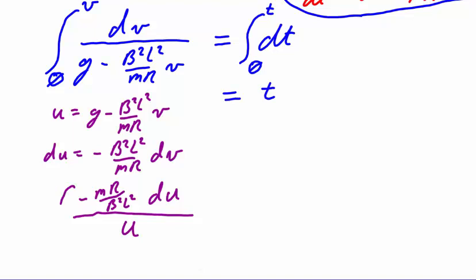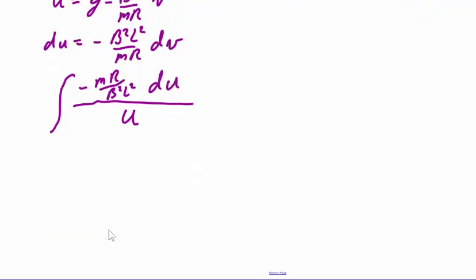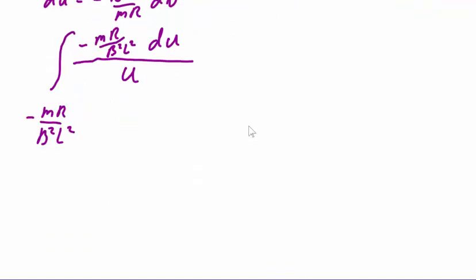We will integrate over this, but currently we're not going to put limits on this integral because the limits would need to be expressed as u limits, and that's going to be just a pain. Removing the constant from the integral will leave simply the integral of du over u, which we recognize as natural log u.